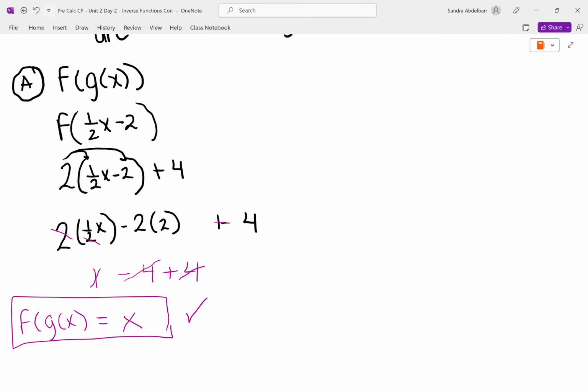This is not enough. So we showed f of g of x is x. What have we not shown? G of f of x. You got it. We have not shown g of f of x. So now that's our second part here.